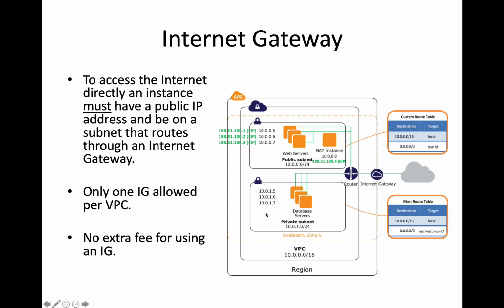Our private subnet is also associated with a route table. And this is what we call the main route table. And I'll distinguish what that means when we look at the hands-on segment.